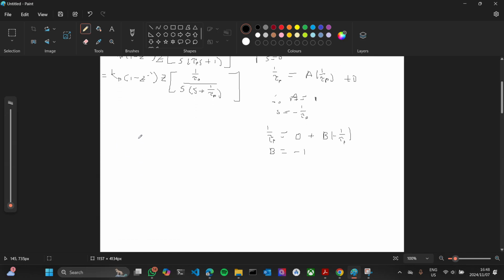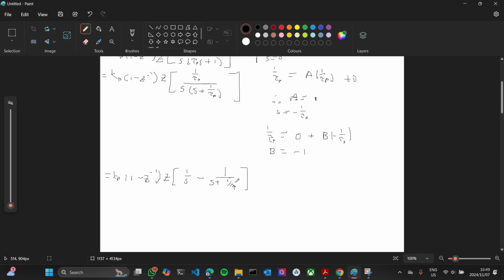Alright. So then if we take this here, I'll continue down here, Kp times (1 minus z to the negative 1) multiplied by the z transform. So A is 1, so it's 1 over s. B is negative 1, so it's minus 1 over (s plus 1 over tau p).